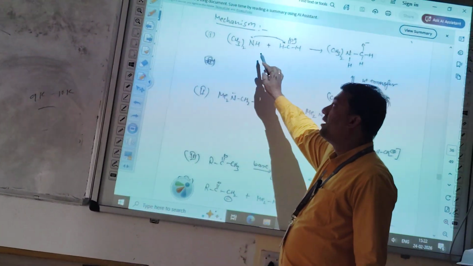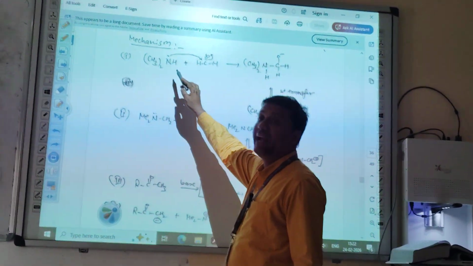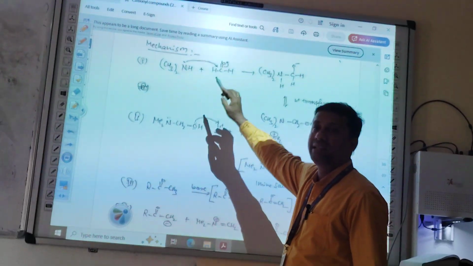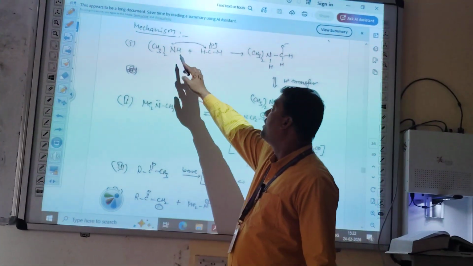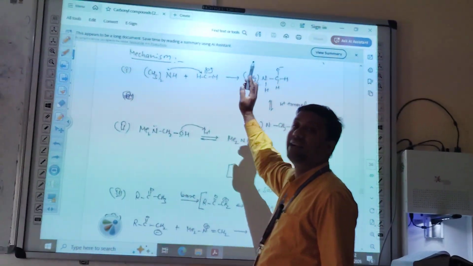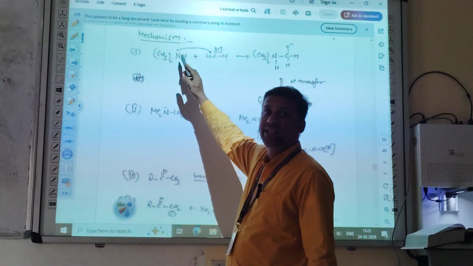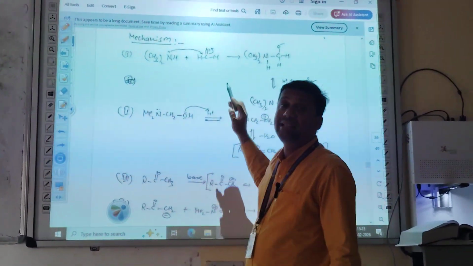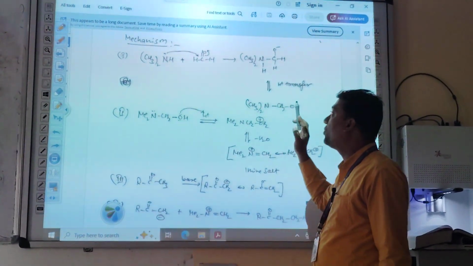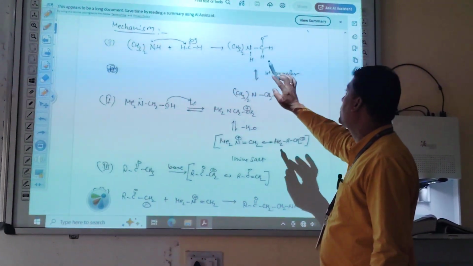Here you notice the secondary amine acts as a nucleophile. The lone pair of electrons on the nitrogen atom will attack the central carbonyl carbon, and this product will be produced.